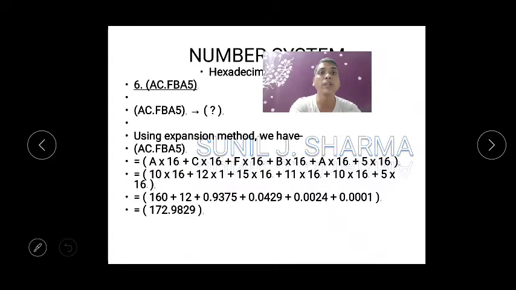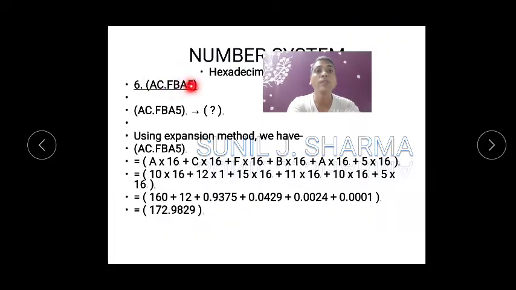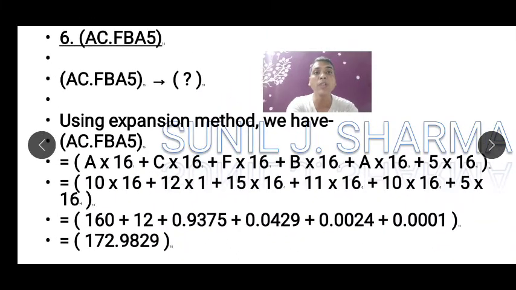Now let's take an example with a decimal part. This is AC.FB5A. Again, you will not find the expansion terms written properly, so they might have written them with 16 raised to 0 and so on.